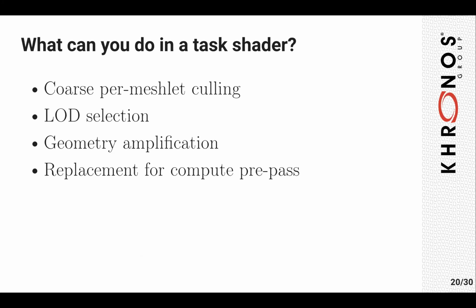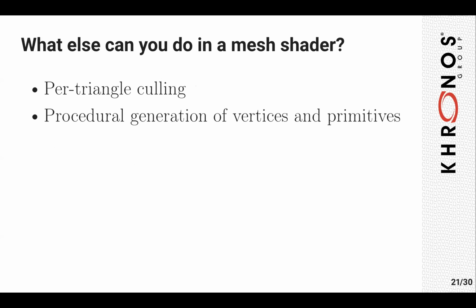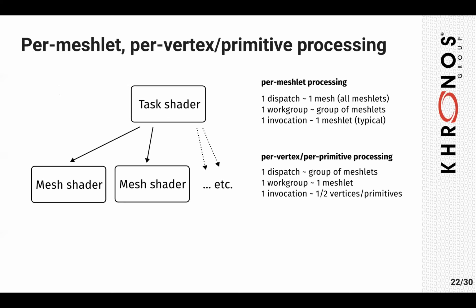So some typical uses for a task shader are per meshlet culling, level of detail selection, and geometry amplification. And it's important to mention that if you have a compute prepass in your application, you can replace that with a task shader and you will get better parallelism. And in the mesh shader, you can do additional fine culling, but that might not always be beneficial depending on your application.